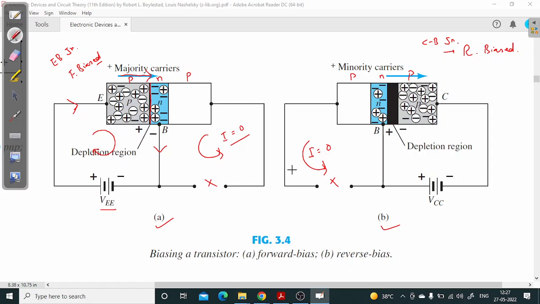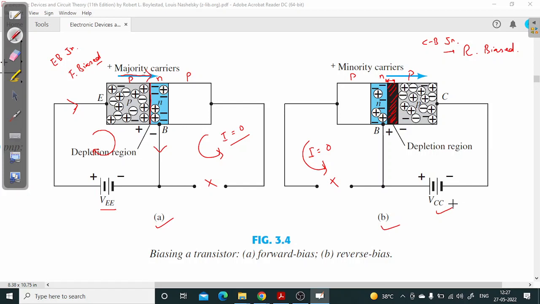Here in the second figure, that is in part B, since this collector base junction is reverse biased, the depletion width will increase. Look at this black shaded region. This is the depletion region which has increased because of the reverse biasing provided from VCC.